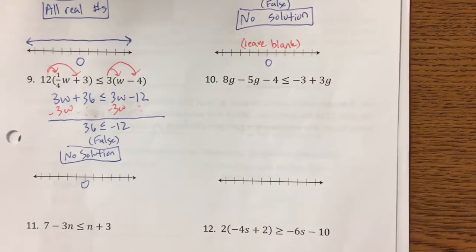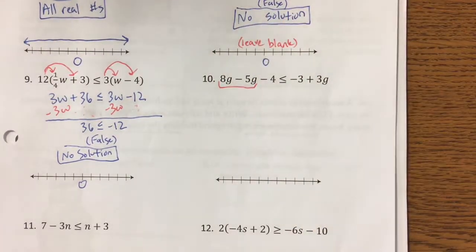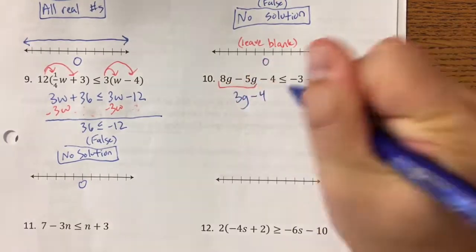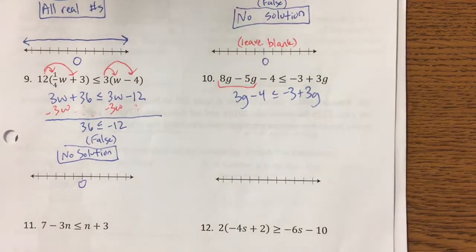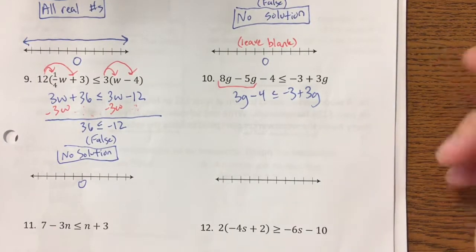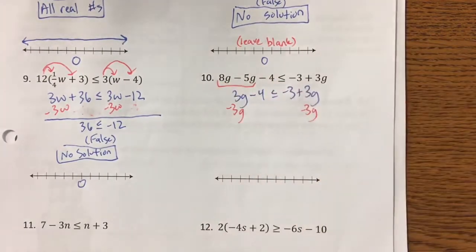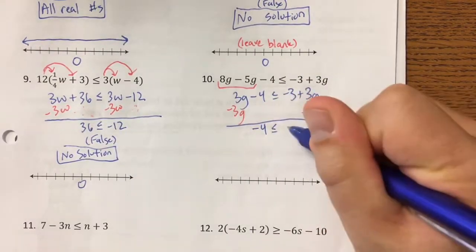Number 10. It's got a bunch of steps as well. We're going to combine these like terms. We get 3g minus 4 is less than or equal to -3 plus 3g. So again, once you see that you've got the same number of variables on both sides, you know you're going to have one of those special solution cases. Minus 3g on both sides gives me -4 is less than or equal to -3.